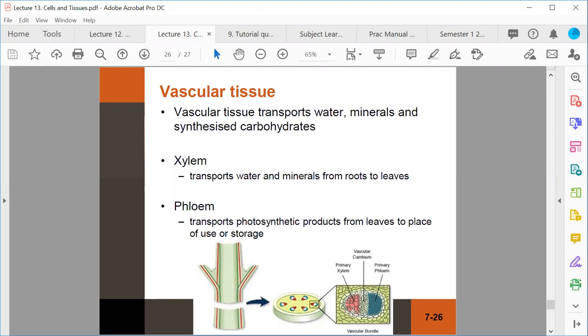Here we have the xylem, these red cells, and to the right we have cells of the phloem. They're always very closely associated with each other for very good reason, which we won't talk about here. But that is the all-important vascular tissue.